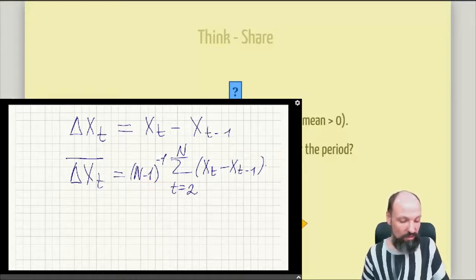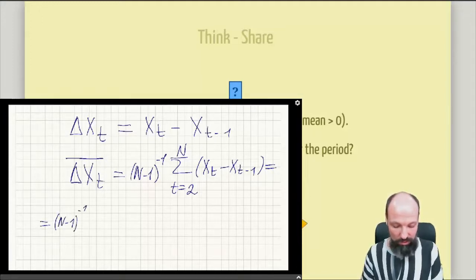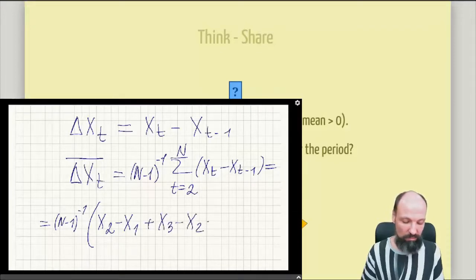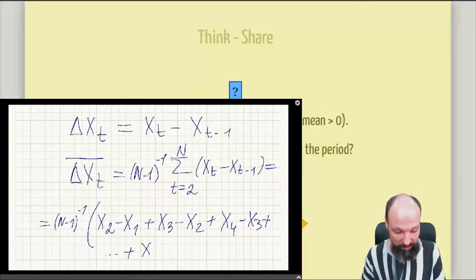And then let's start to open it up. So n minus 1 remains here, it's okay. But the summation, yeah, and well, okay, let it be n.